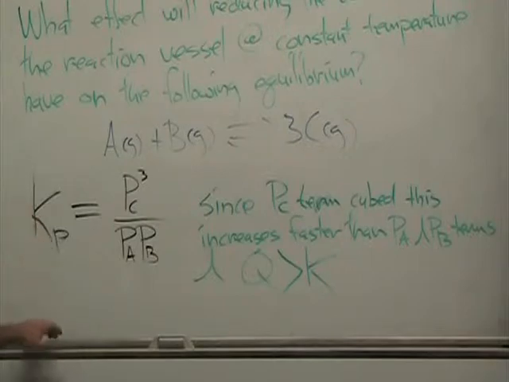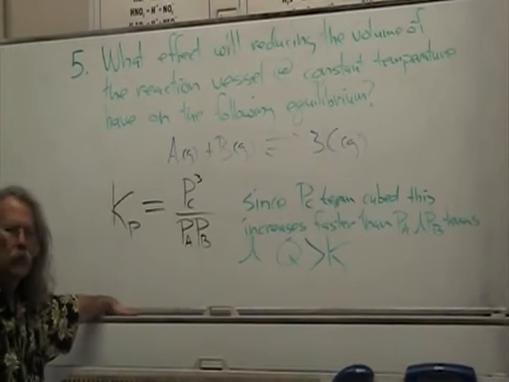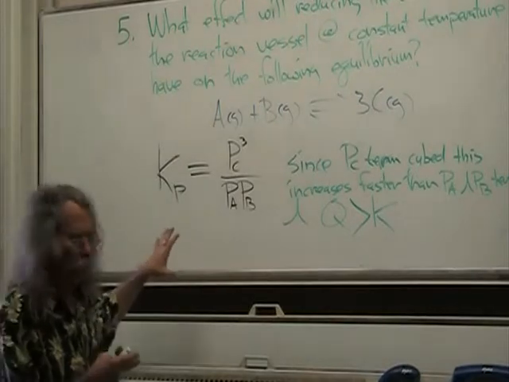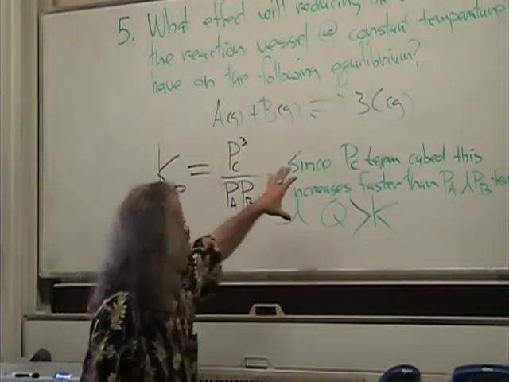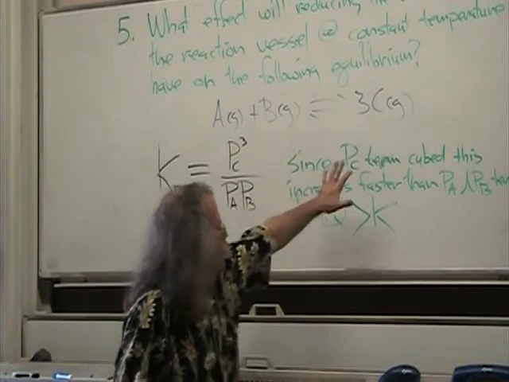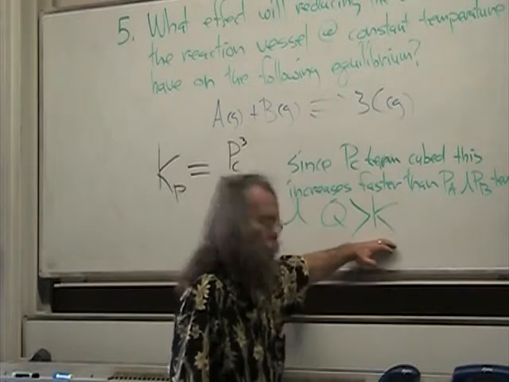At this point, maybe we should fall back on the scratch paper for a second. What am I going to have to do to make that Q restored? I want it to restore the equilibrium value.